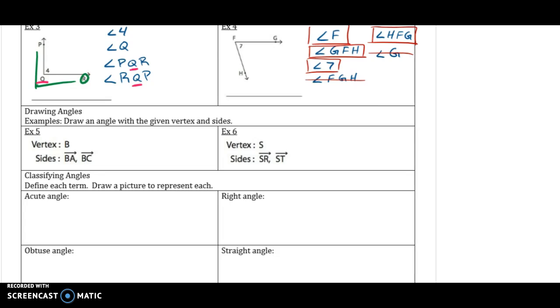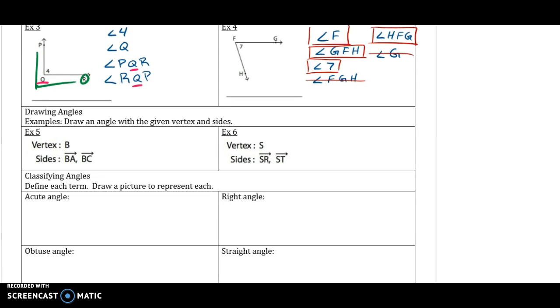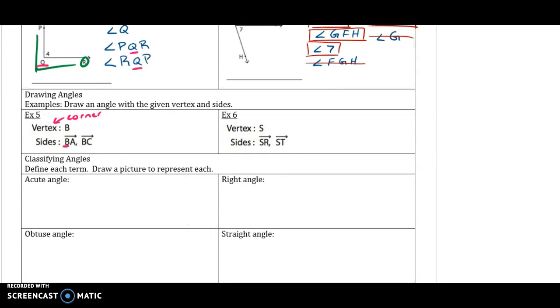Example 5 and 6 asks us to draw the angle given the vertex and the sides. Remember, your vertex is the corner, and both of your sides will start at that corner.